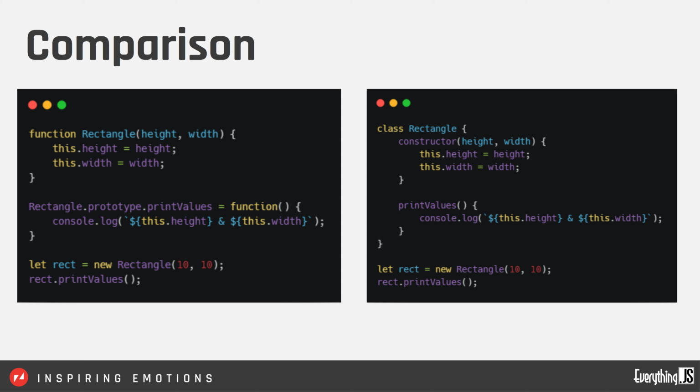So this is a comparison of the ES5 way of implementing a class and the ES6 way using the class keyword. You can see what we expressed in the first slide about ES6 classes.